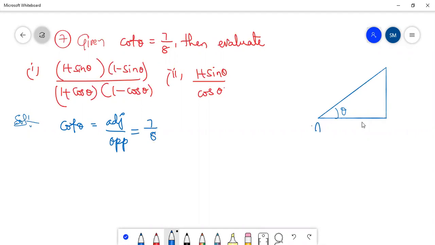In this, ABC is the supposed right angle triangle. In this it is theta. For theta, adjacent side is 7, opposite is 8. This is 7 square plus 8 square equal to 49 plus 64.